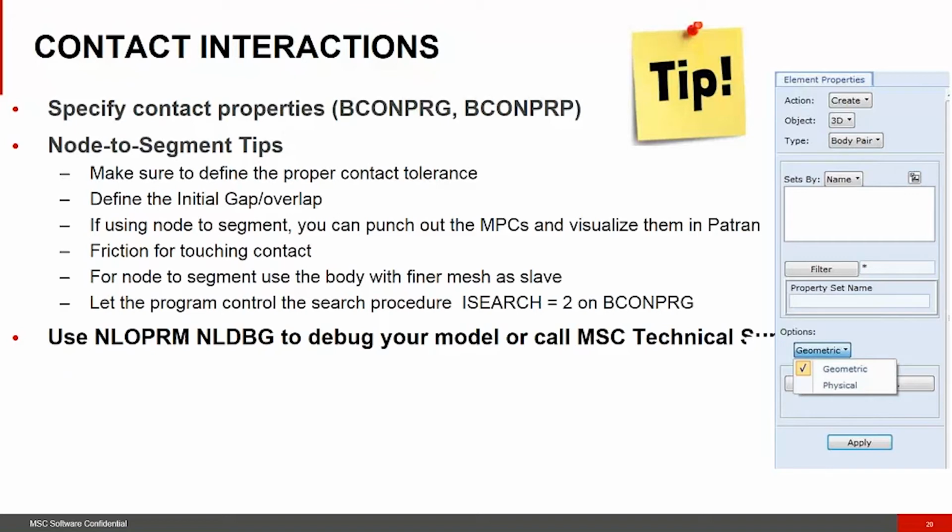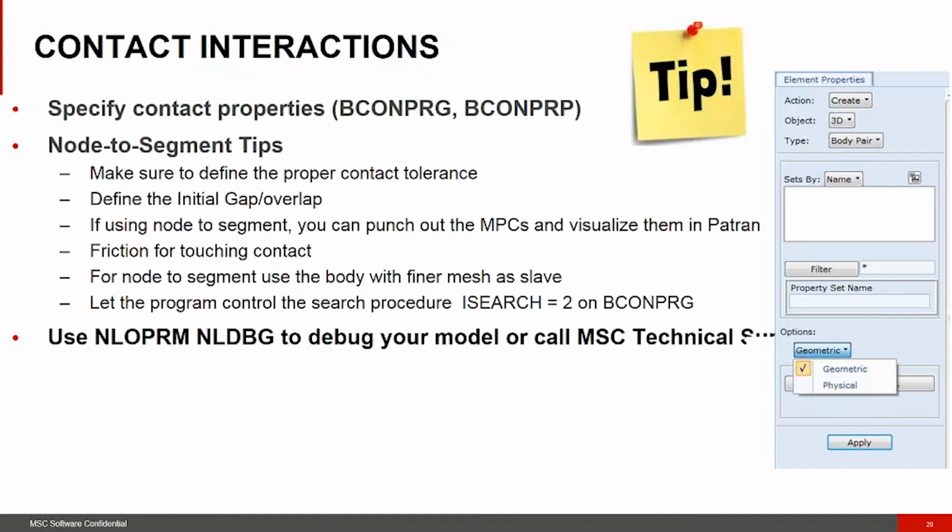Now, if you are using touching contact, make sure that you define the friction properly if the model is asking for it. And if you're using node-to-segment, there's an important tip, and usually the rule of thumb is to have the body with the finer mesh as the slave. I'm going to show you later on in this model how this can make a change. Also, there is a search method that Nastran will do, whether it's going to search from slave to master first or master to slave. There are several options available, but the best is to keep the automatic option where the solver decides how to do the search.